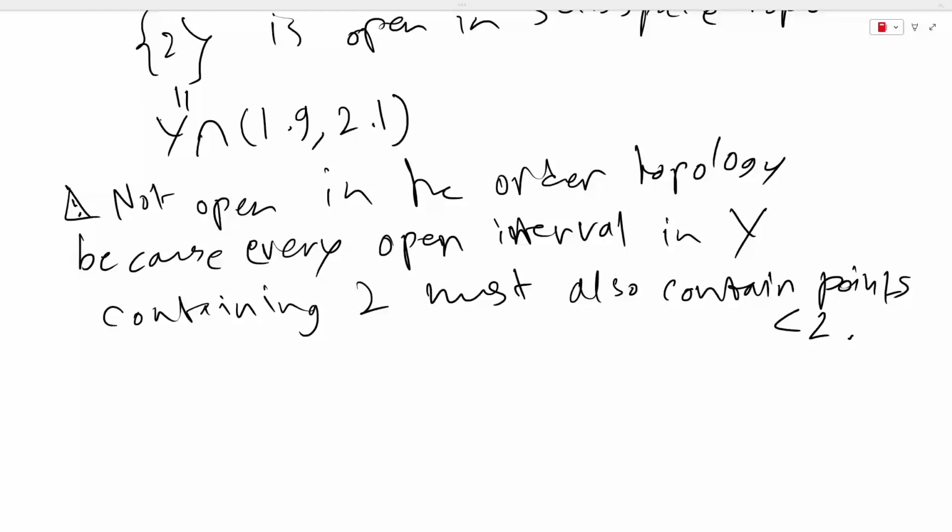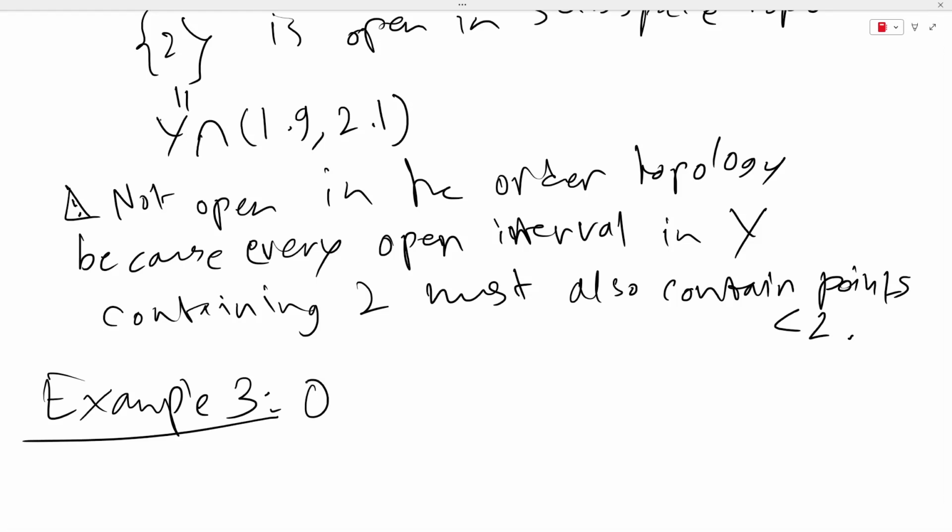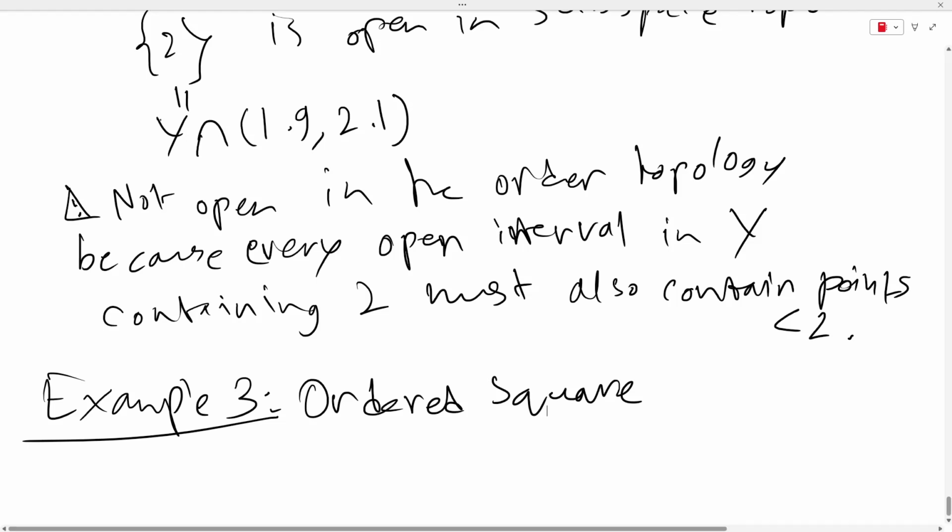So we have the third example here. This is very important. This is called the ordered square. Example 3, the ordered square.